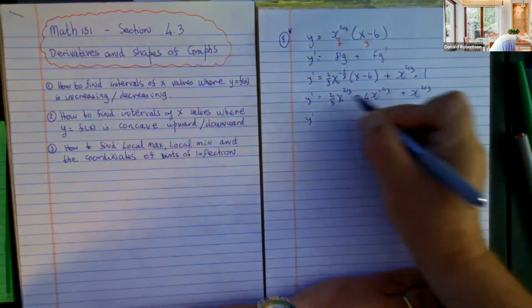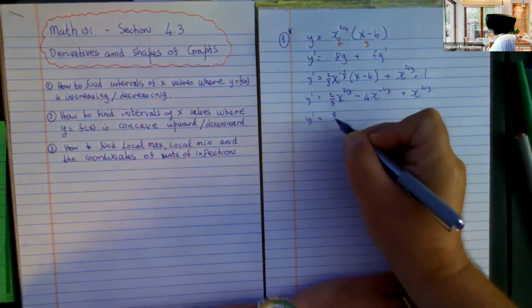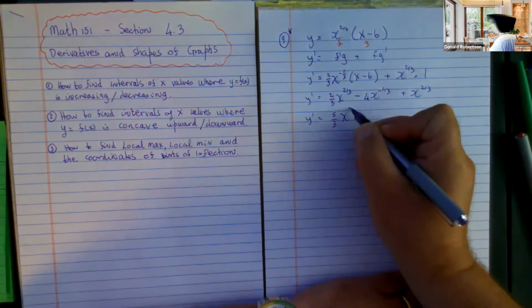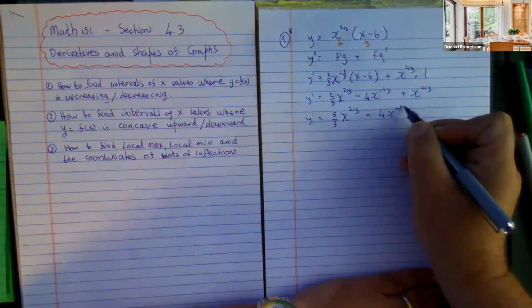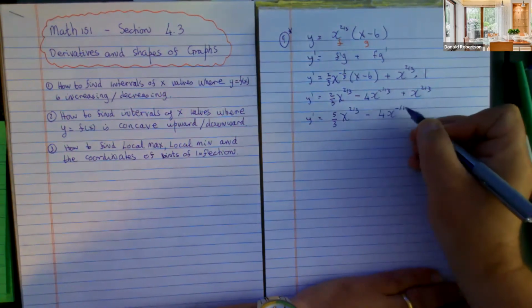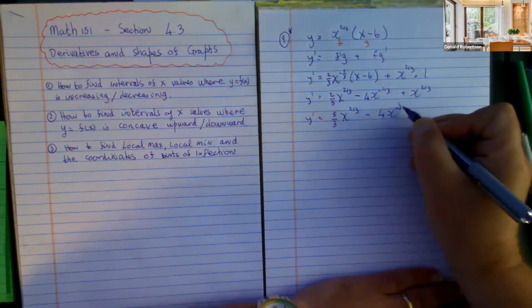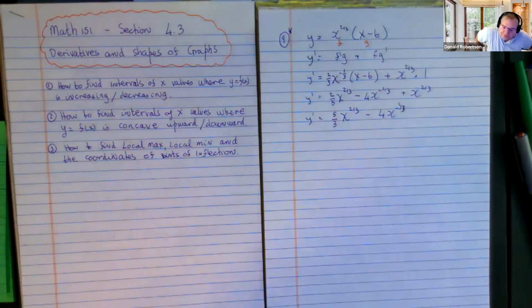I'll then add these two guys together, and now I have 5/3 of this fella, take away 4x to negative, God, that looks weird, to -1/3. Are you comfortable with what I've just done? Right, first derivative, product rule, ugly fractional powers, live with it.